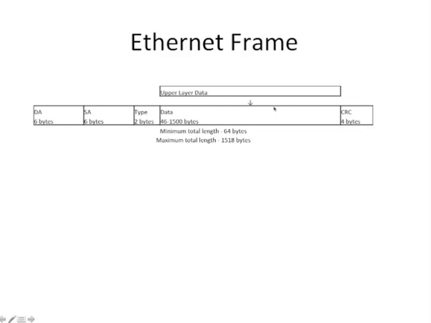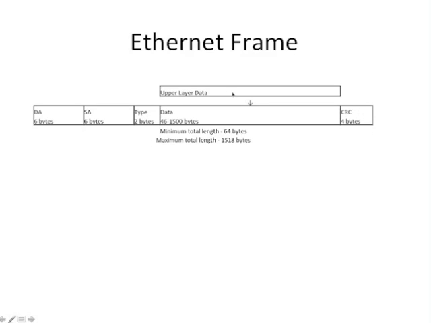That data is carried in the next section of the frame. The type field indicates what kind of data that is, so that's how the Ethernet layer knows which next upper layer it needs to give the data to. And then the last thing is the CRC, which is basically an error check to make sure the frame did not have any errors during transmission.